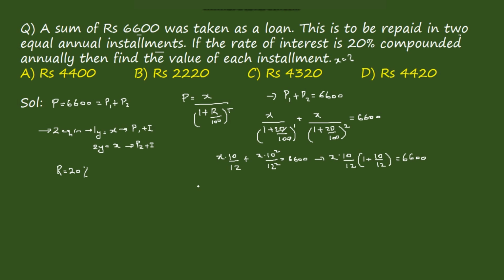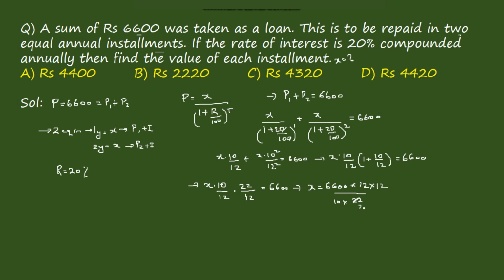Just substitute the values: x into 10 by 12 into 22 by 12 is equal to 6600. We have to find the value of x. x is equal to 6600 into 12 into 12 by 10 into 22.